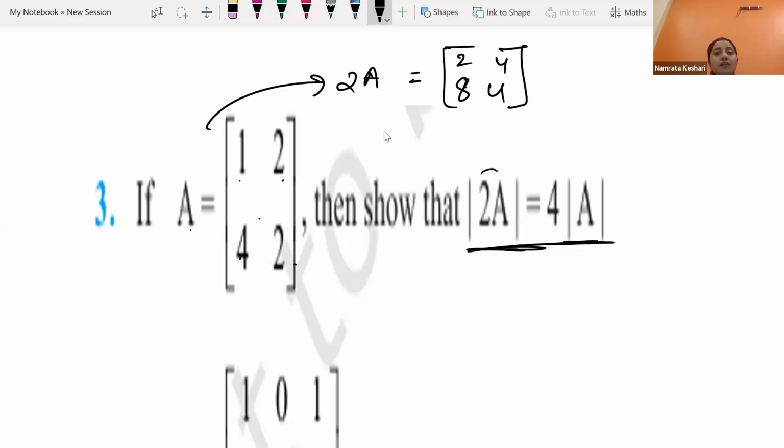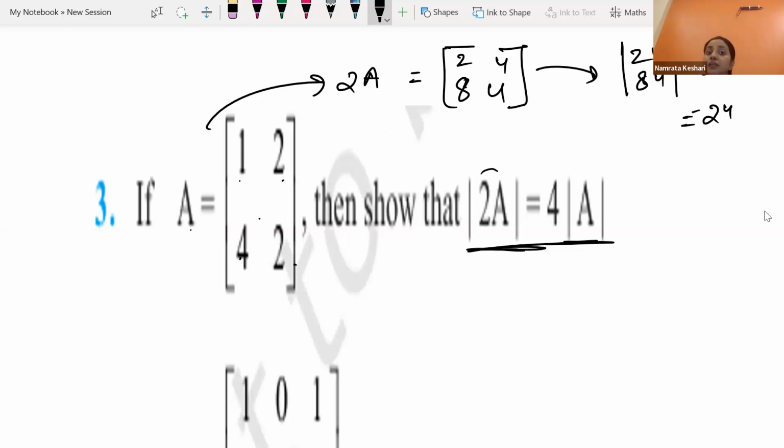This is 2A, and its determinant if we have to find. So 2, 4, 8, 4, determinant will be 4 times 2 is 8, minus 32, right, Kiran? Yes. That means 8 minus 32 will be 24 minus 24, right?